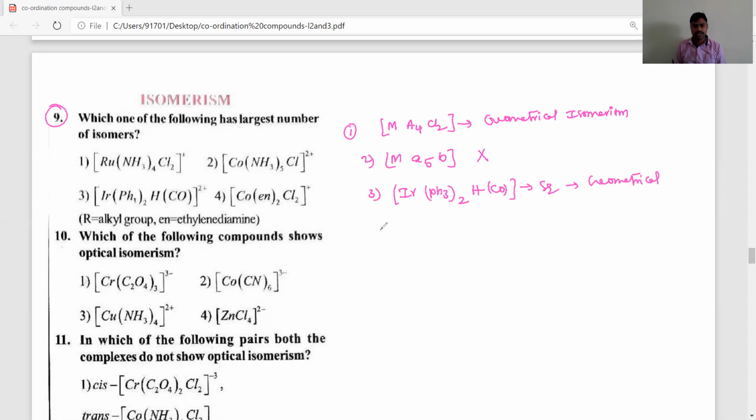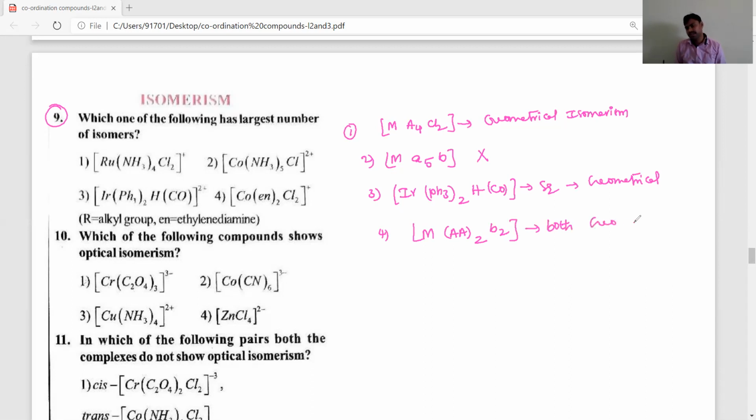Next, the last one is M(AA)2Cl2, where ethylenediamine is the bidentate ligand. M(AA)2b2 is a type of complex that shows both geometrical isomerism and optical isomerism.